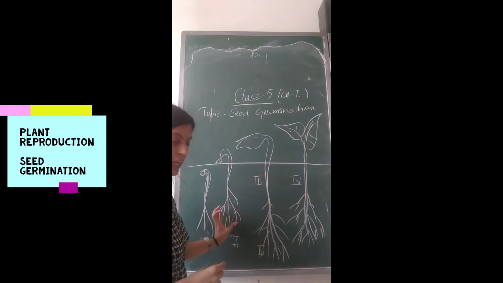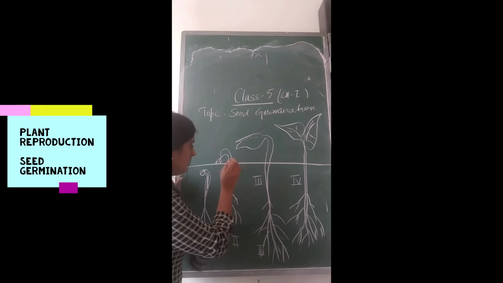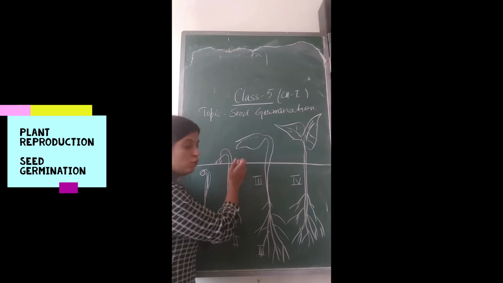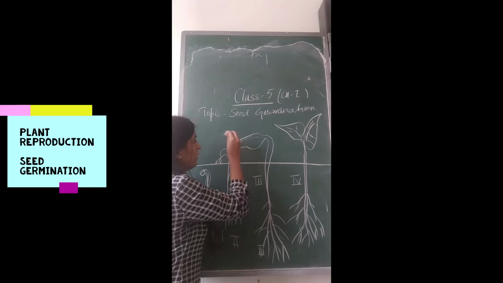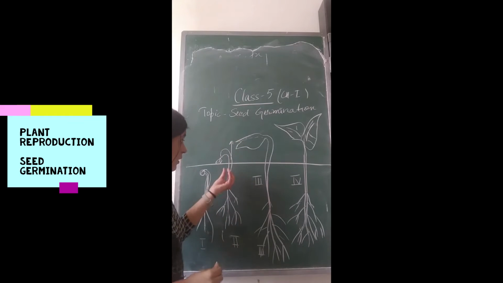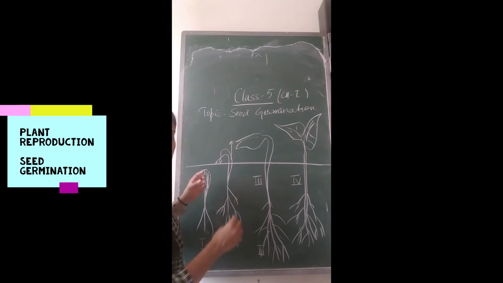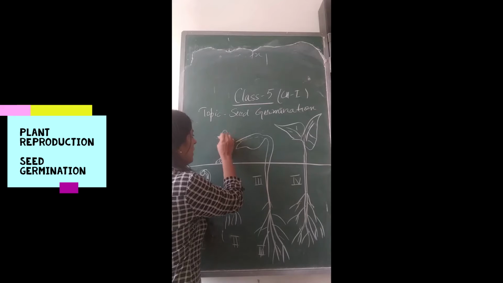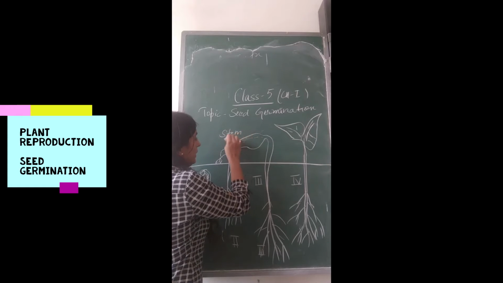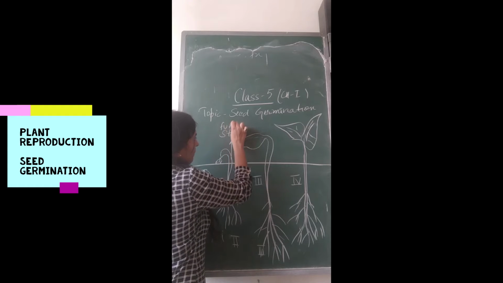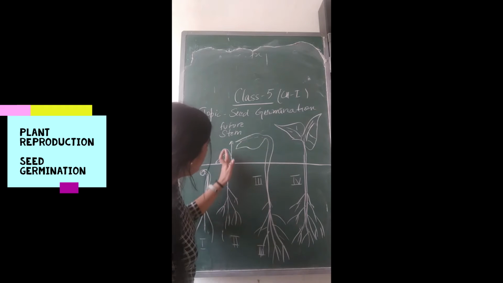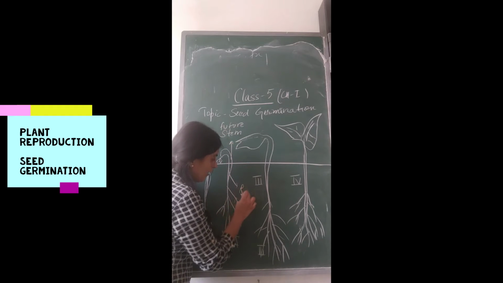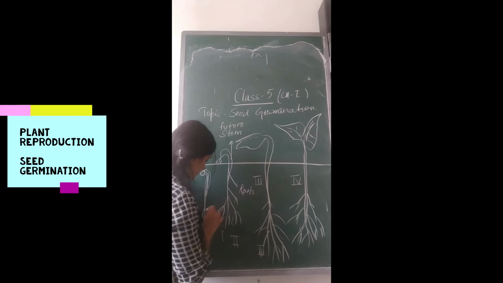The second stage is when the stem starts to grow. This upward thing starts to grow, and this will grow into our stem. This will be our future stem, and these are our roots.